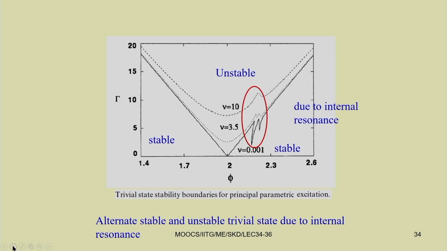Here you can see we have plotted the parametric instability region; a sample case has been shown here. By varying the non-dimensional frequency and amplitude of the base excitation, one can plot this instability region.